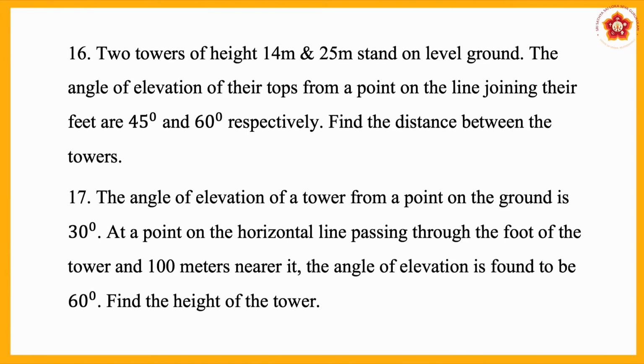The problem is: the angle of elevation of a tower from a point on the ground is 30 degree, that is what is shown, and from a point on the horizontal line passing through the foot of the tower and 100 meters nearer to it, the angle of elevation is found to be 60 degree. With this we can find the height of the tower.